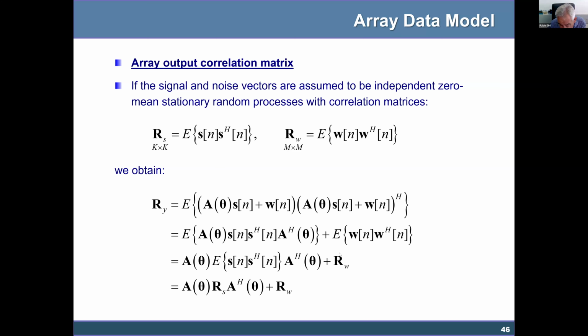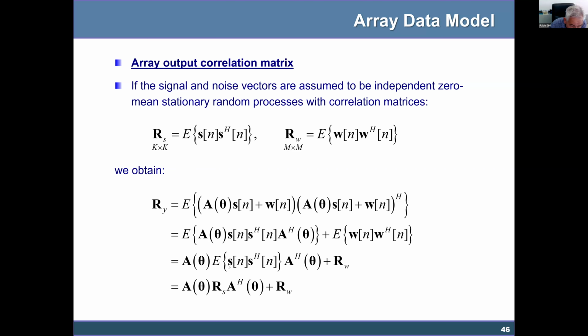Now, let's define Rw, the correlation matrix of the disturbance. And I repeat, disturbance is thermal noise, clutter, and interference. As concerning the signal, we have this term that multiplies its Hermitian. When you calculate the Hermitian of AS, you get S Hermitian, A Hermitian. Now, the next step is, because A, the steering matrix, is deterministic, you can bring it outside the expectation, on the left and on the right.